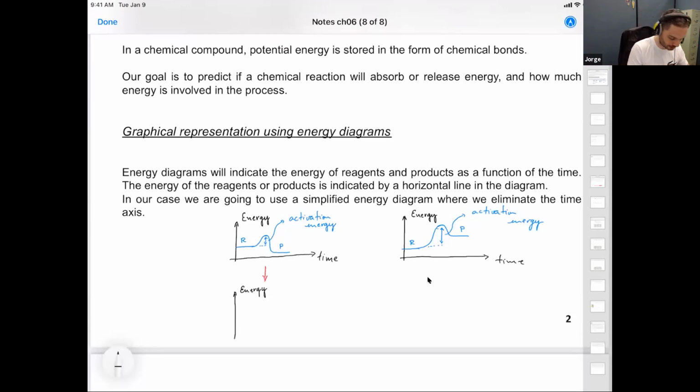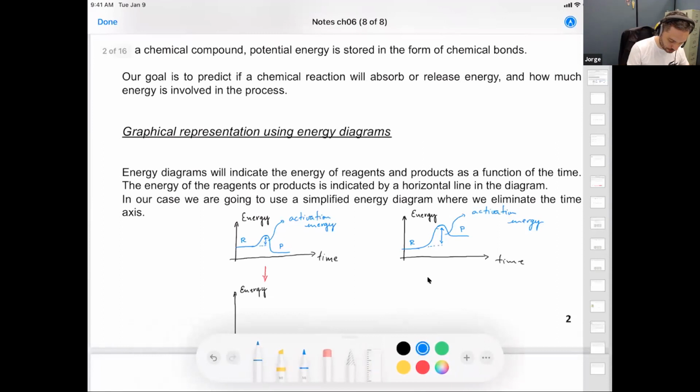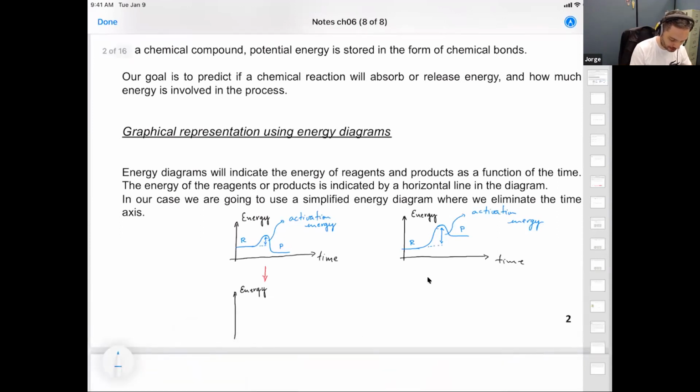So using the simplified energy diagram, we are only going to show here by horizontal lines the energy of the reagents and then the energy of the products. And then an arrow will indicate the direction of the reaction.